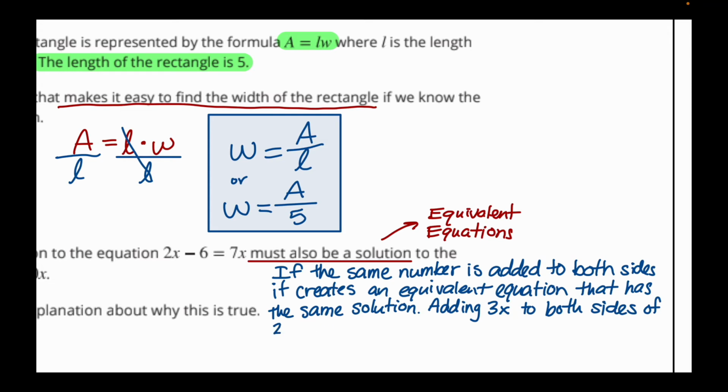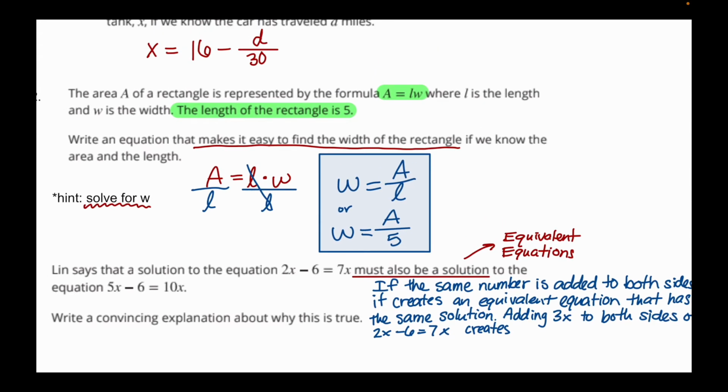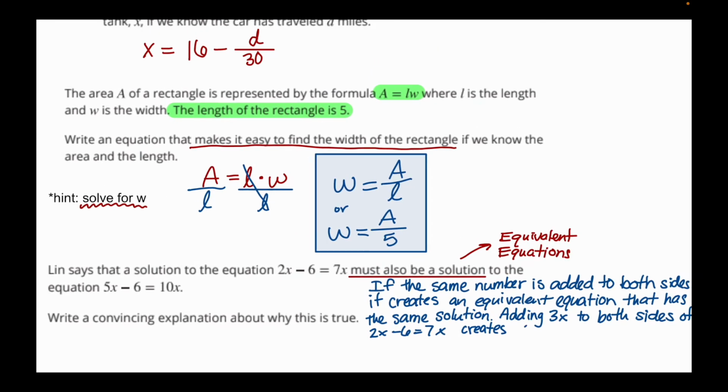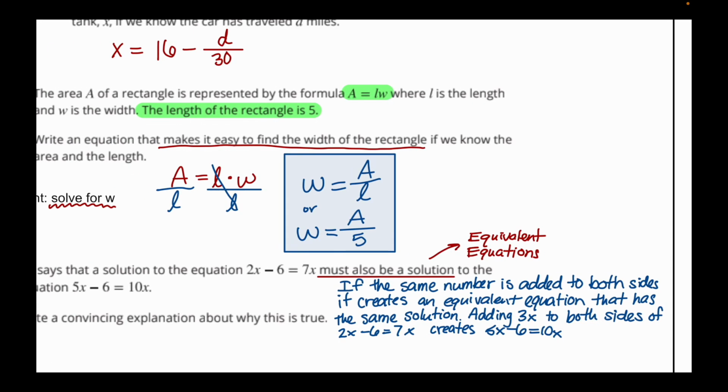This was 2x minus 6 equals 7x, creates 5x minus 6 equals 10x. So they must have the same solution.